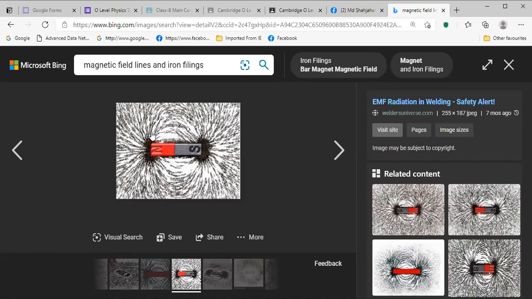You see the lines around the magnet. Lines are created north to south, and you see most of the iron filings are attracted to the poles, right? Which shows us that the magnetic force is strongest at the poles.